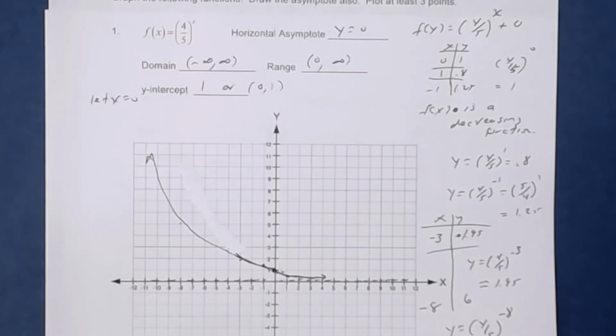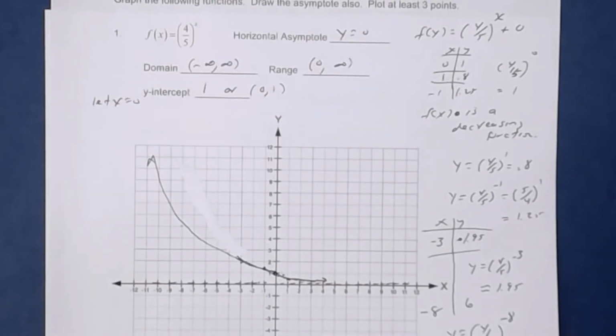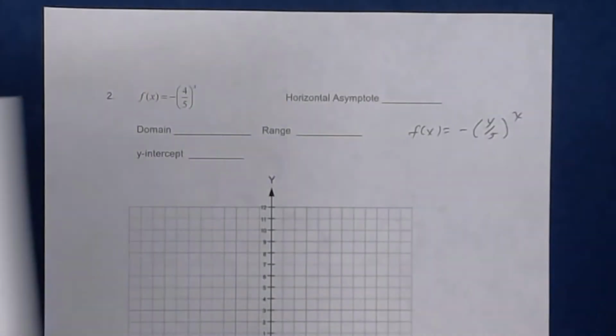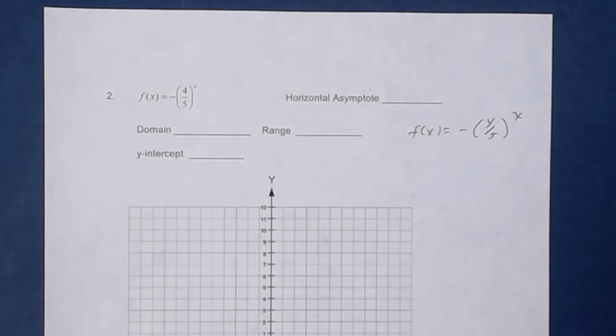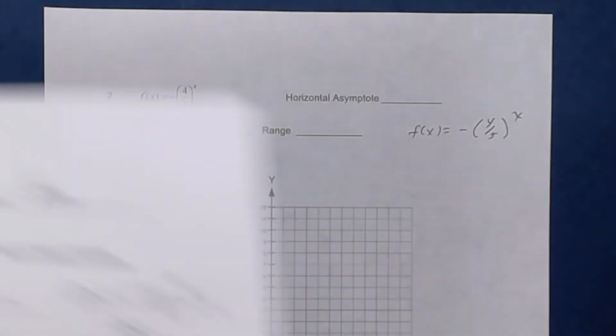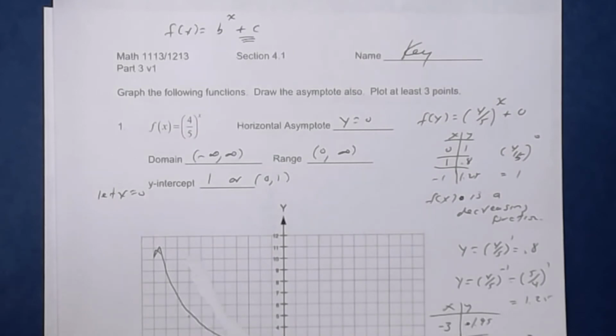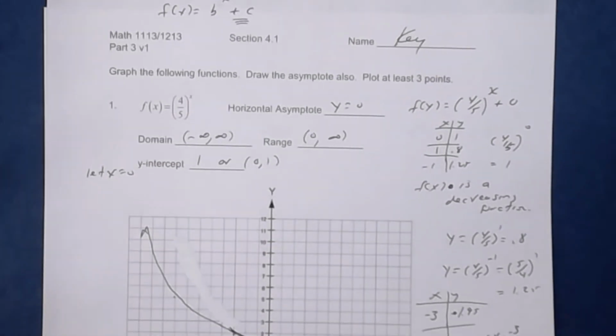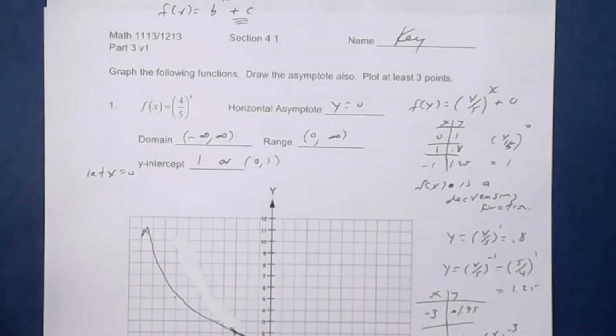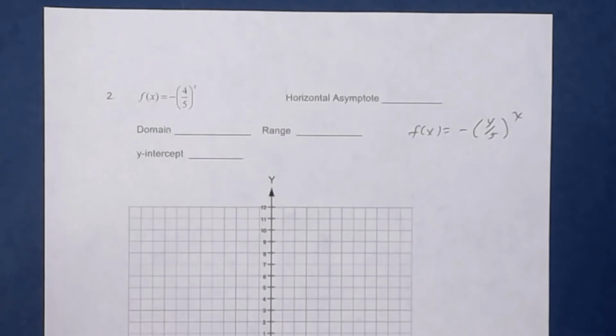So let's determine what negative 4/5 to the x is. You have to remember, we talked about that in previous lessons a while back when we looked at quadratic functions. Remember the function x squared, what that looked like, and what the function negative x squared looked like. Keep that in your mind.